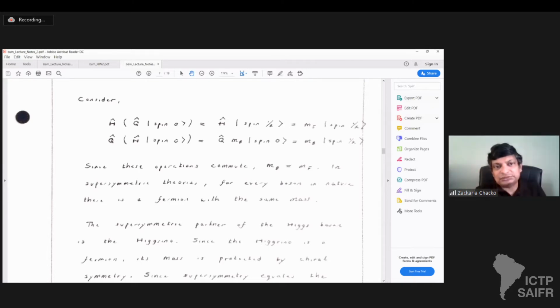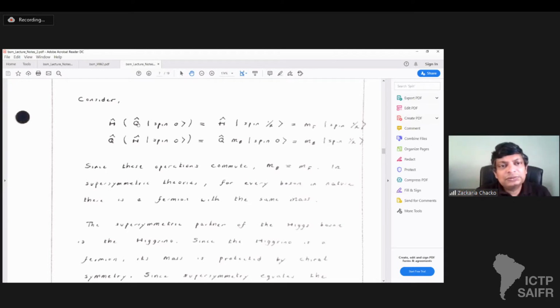Imagine doing this sequence of operations on a spin zero particle at rest. Let's first do it in this order: supersymmetry first, and then Hamiltonian. Then we'll consider the same transformations, but in the opposite order.